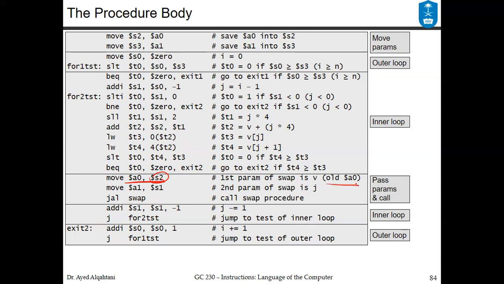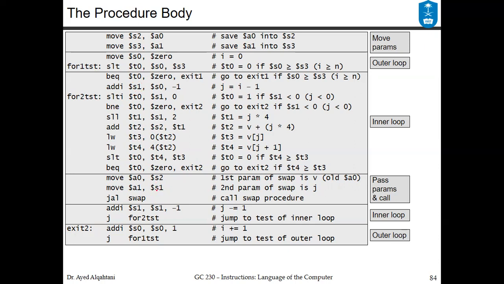This is why we say that it's the same old A0. But for S1, there was a change. We changed S1 when we decrement the J. I mean, when we assign the J to I minus 1. So we are changing S1.